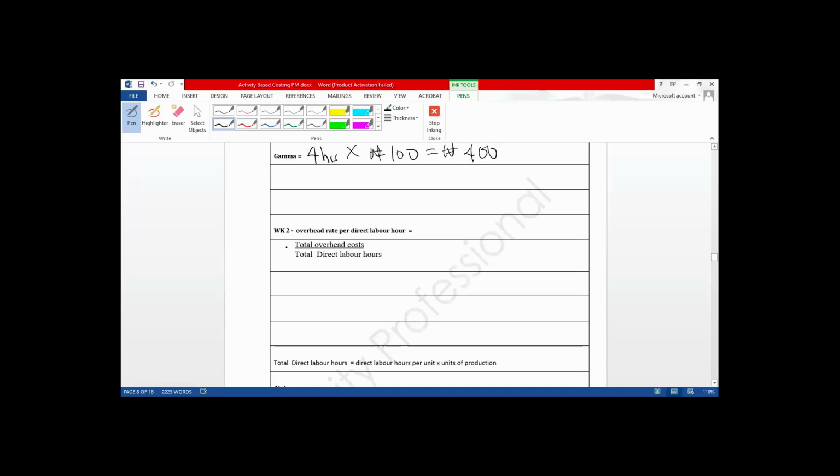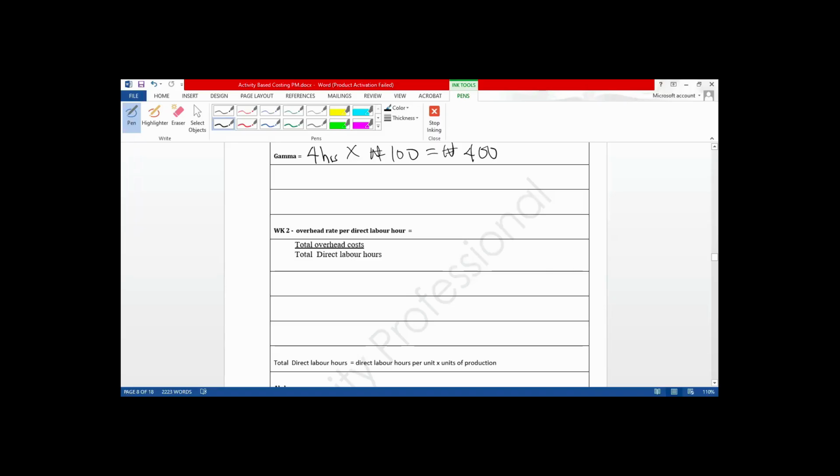Working 2: you are going to calculate overhead rate per direct labor hour. This is calculated as total overhead cost divided by total direct labor hours.